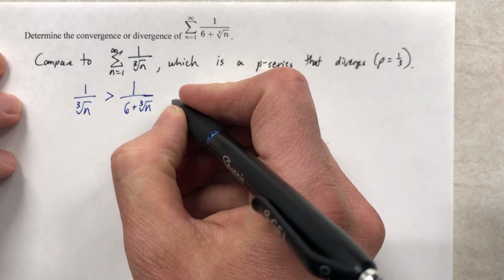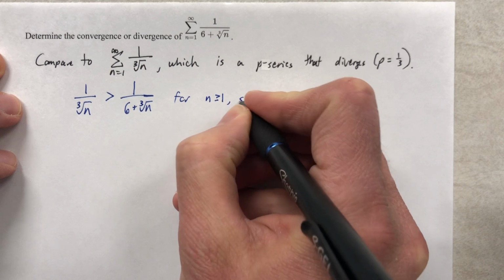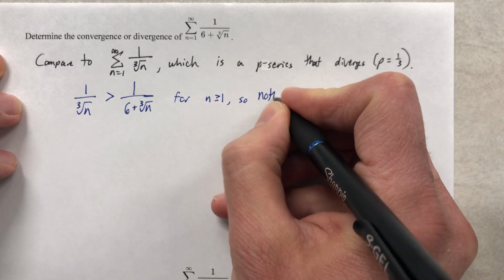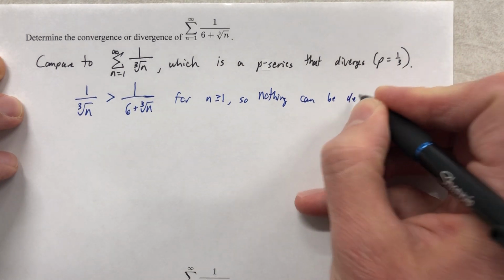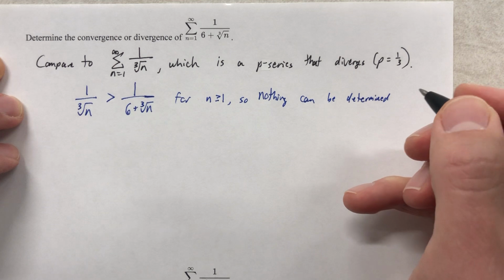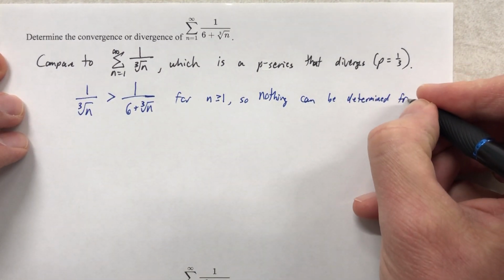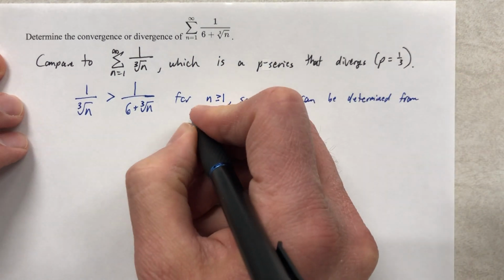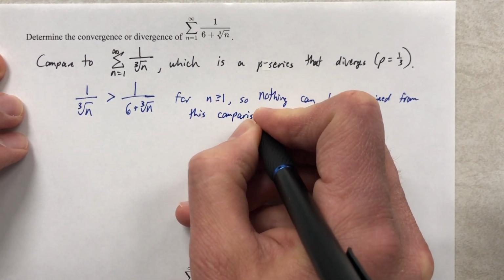So this is true for n greater than or equal to 1, so nothing can be determined. Now, before you get mad and stomp away, we have plenty of space left from this comparison.